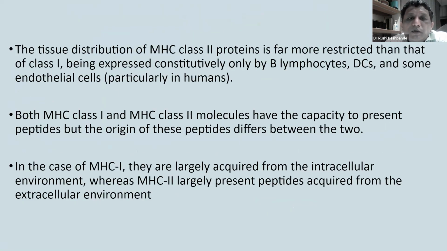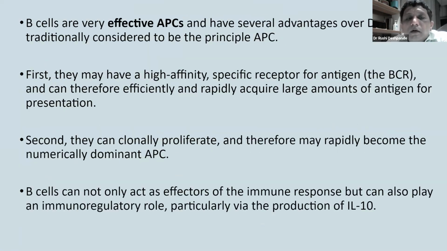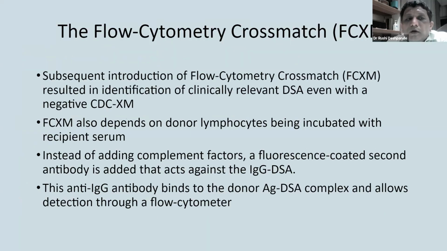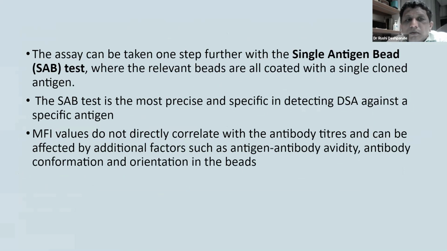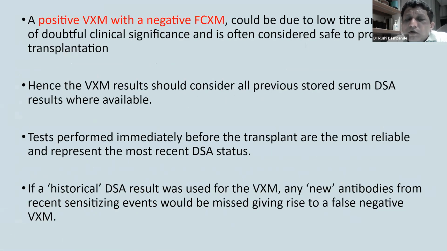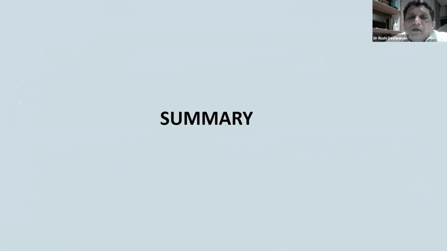This is the most important single slide from yesterday's talk, the signal 1, signal 2, signal 3, because this is showing you the action for each and every drug that we are talking about today. In part 2 yesterday, we did a basic evaluation of donor and recipient, and we went over what would make us choose between the recipient and the donor. The virtual cross-match, I think I explained in detail yesterday. It is a computer-based algorithm, right?